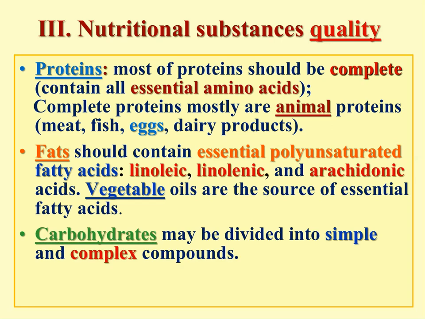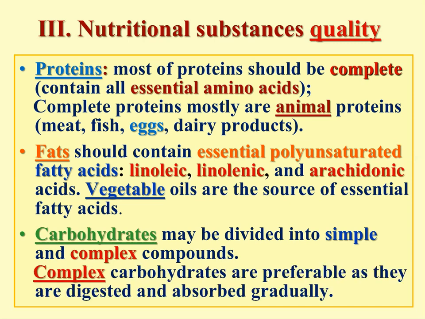Carbohydrates. Carbohydrates also can be divided into simple and complex compounds. And complex are much better because they cannot be digested quickly and absorbed quickly. When there is great and immediate absorption into blood, a great increase in concentration of glucose requires great release of insulin, and as a result it provides conversion of part of carbohydrates into fat, and generally it's not good when great fluctuation of glucose occurs in the blood.